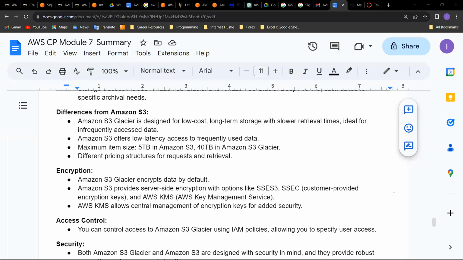And there was another one that says once you upload your data into Glacier, there's nothing to do because the data is encrypted by default, right? And then S3 in itself provides server-side encryption with options like SSE. So SSE-S3 is server-side encryption by S3.